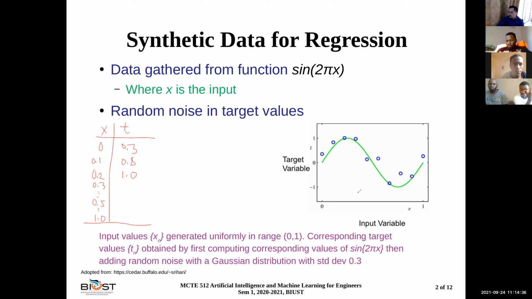This is let's say 0.3 here, and this is 0.9, like that. Around 0.5, maybe this one, the value is around 0.01, and around 1 it is maybe 0.1.